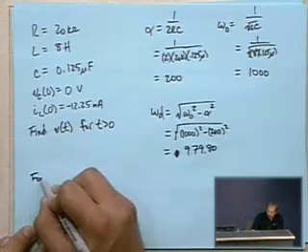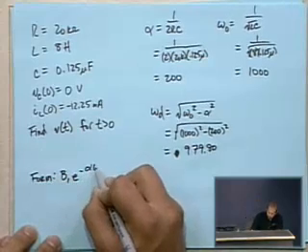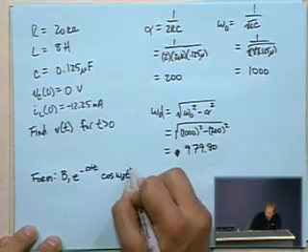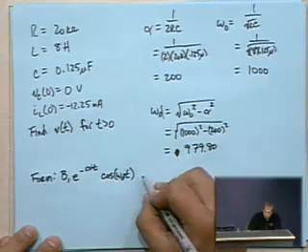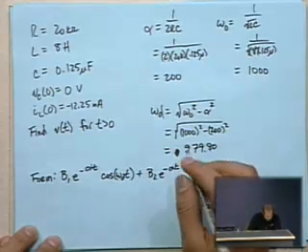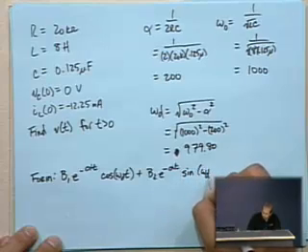So the form of our equation is B1 e to the negative alpha t cosine omega d t plus B2 e to the negative alpha t sine of omega d times t.